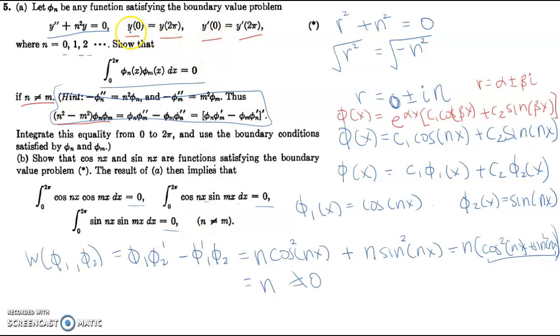If we had proved that y of 0 equals y of pi, because tangent repeats at the interval of pi, then this would be true. But for our given boundaries of 0 and 2 pi, all of these are going to be equal to 0.